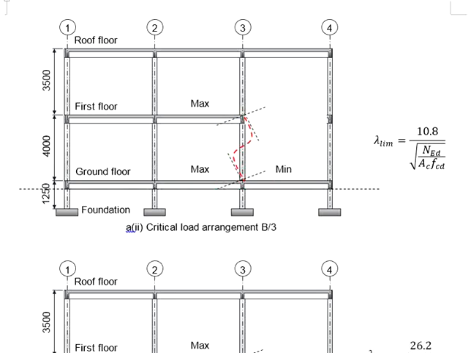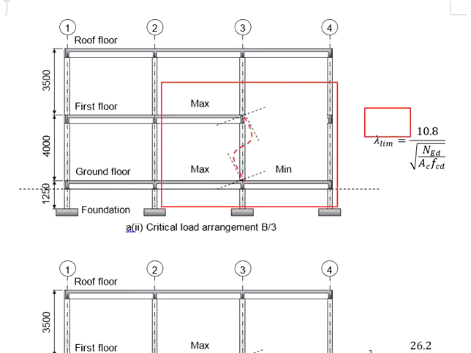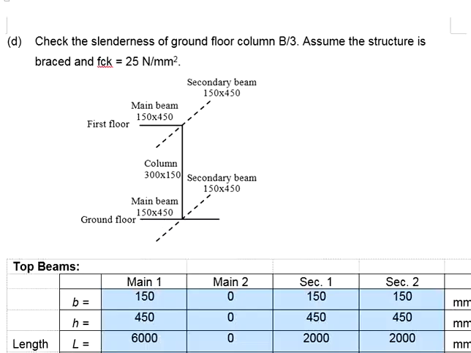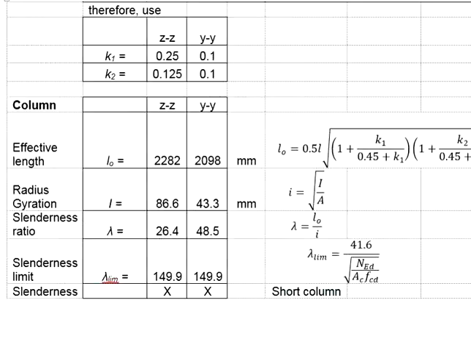Now if you are unsure, you know that this load arrangement is going to give you the most critical slenderness limit. Probably you will use this as the slenderness limit for the questions of the braced structure, and as a result, the columns shall eventually become slender columns.